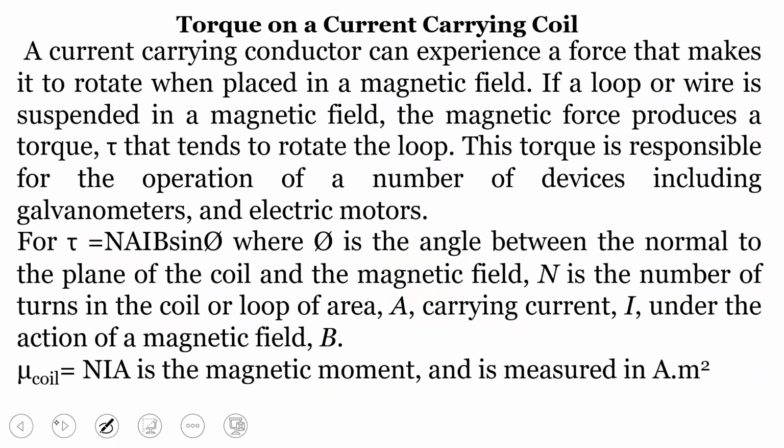This application is used in many devices, even for measuring electricity. In the galvanometers, like we've seen before, in electric motors and alternators and many other applications, when current is flowing, the magnitude of that current determines the magnitude of the magnetic force that is experienced. And the force that is experienced will cause motion.